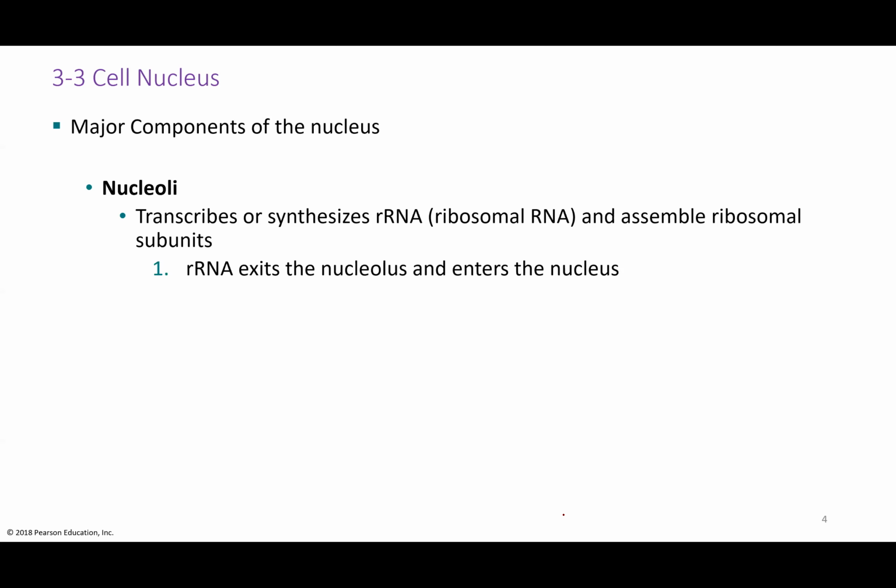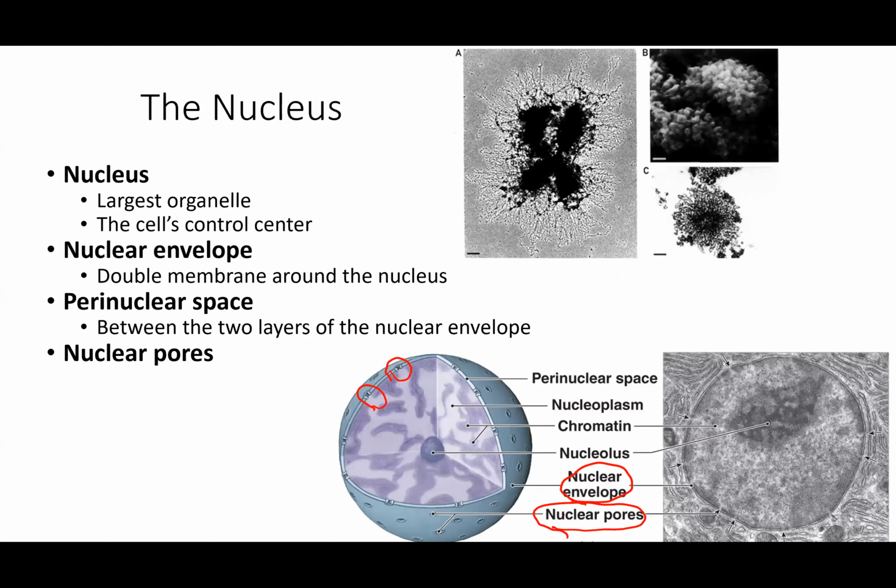So rRNA exits the nucleolus and enters the nucleus. So the nucleolus, if you're looking at a picture, let's just back up really quick. The nucleolus is the dark portion inside the nucleus. And this is where you have really condensed DNA material.